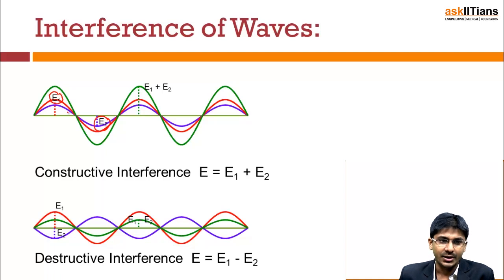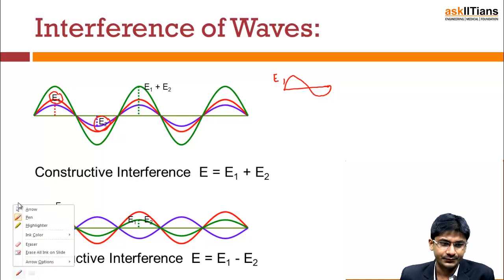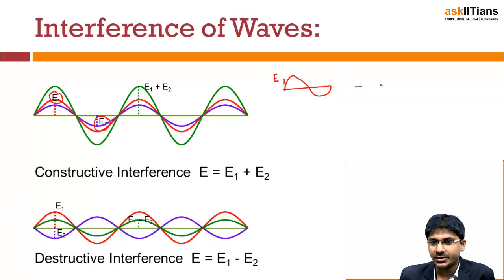The purple one is the second wave. I draw it here for you. This is E1. And then from here, you have another wave E2. This is what you can see here.